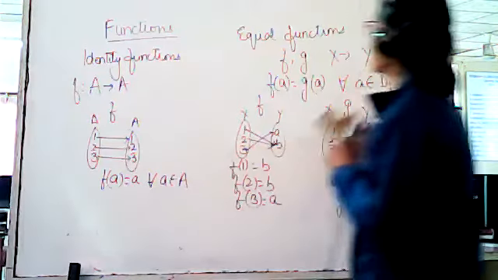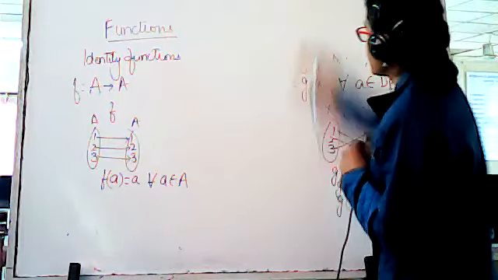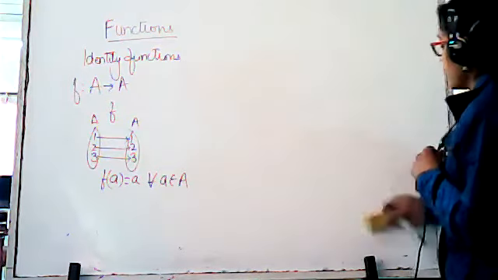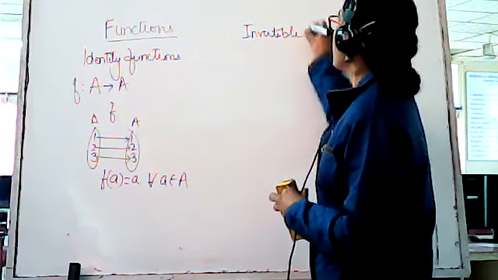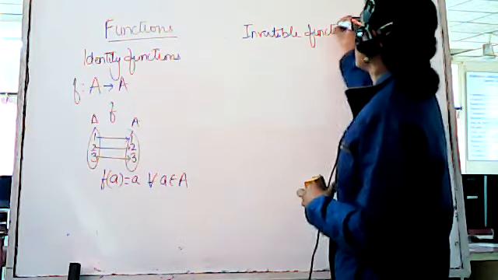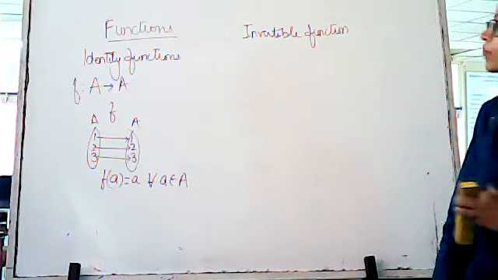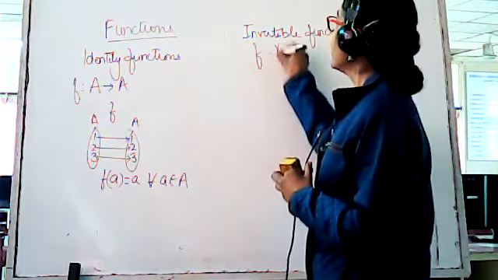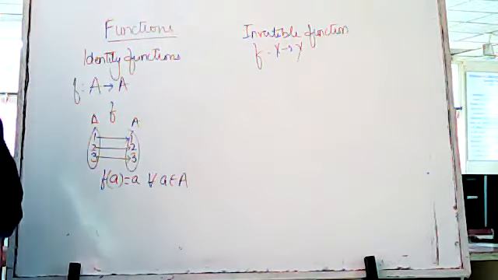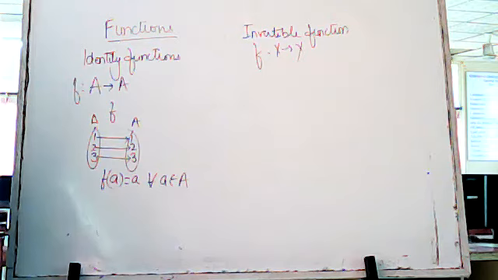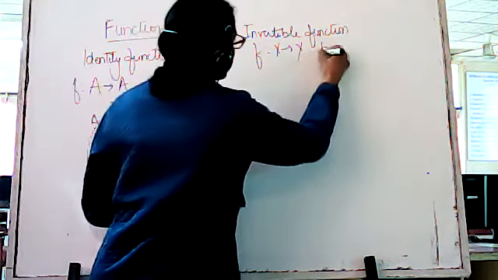Next definition is invertible function. A function f from X to Y is invertible if f is bijective.